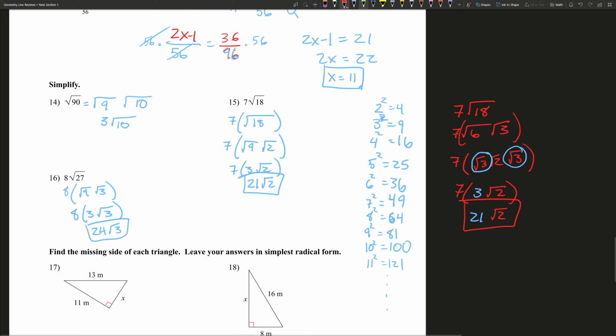Yeah, basically, if you have two square roots, so say you have the square root of 5 times the square root of 5, that's just equal to 5. The square root of 8 times the square root of 8, it's just 8.